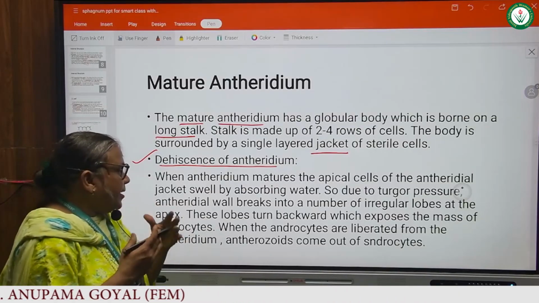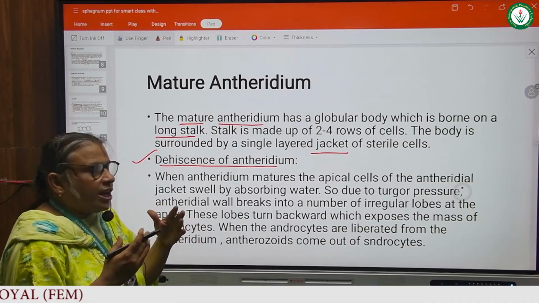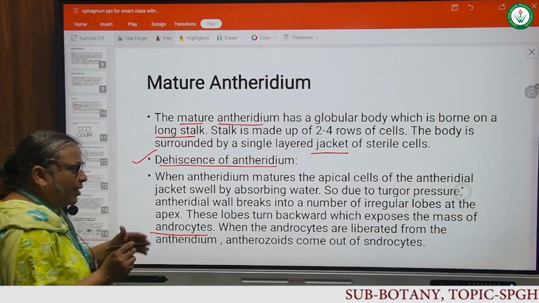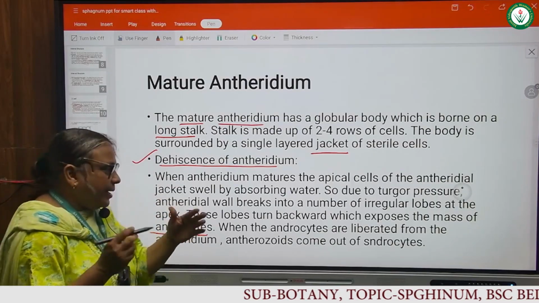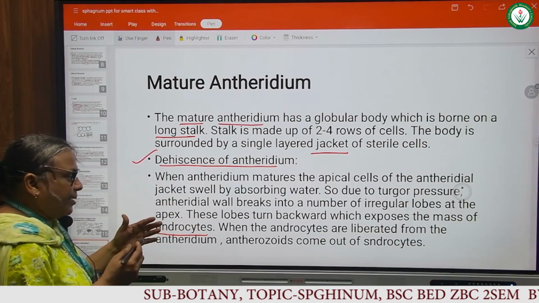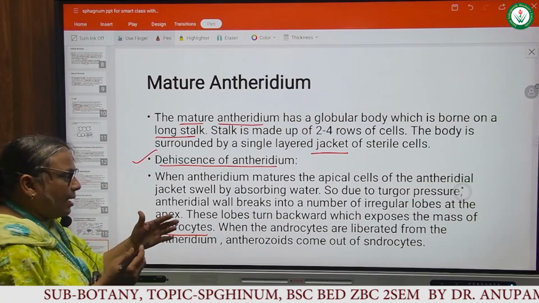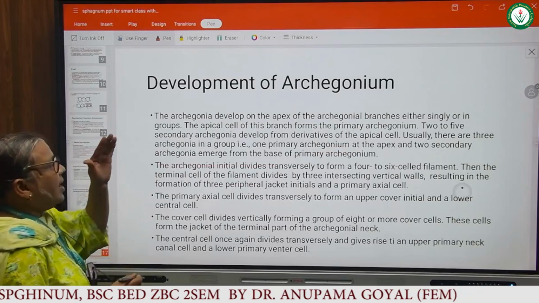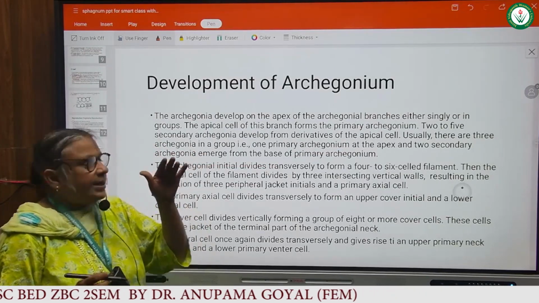These lobes turn backward, which exposes the mass of endocytes. When the endocytes are liberated from the antheridium, antherozoids come out. And now I talk about the development of the archegonium in Sphagnum.